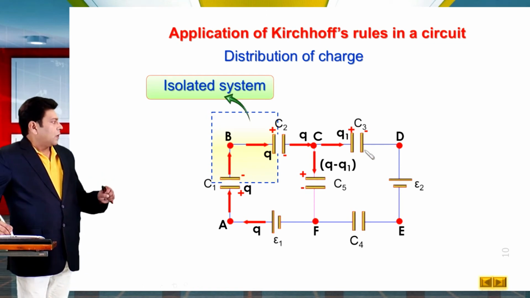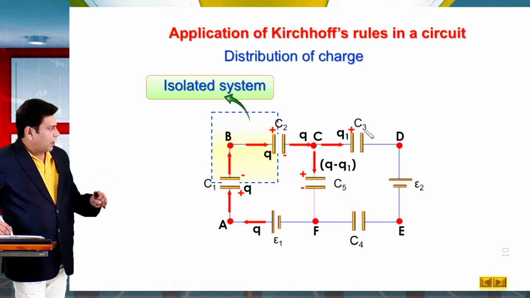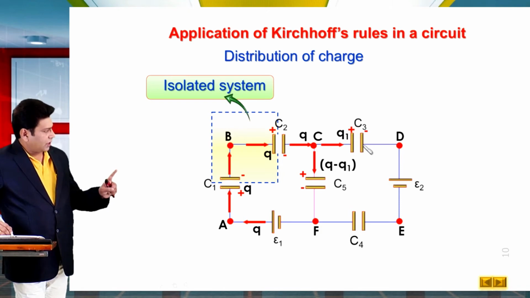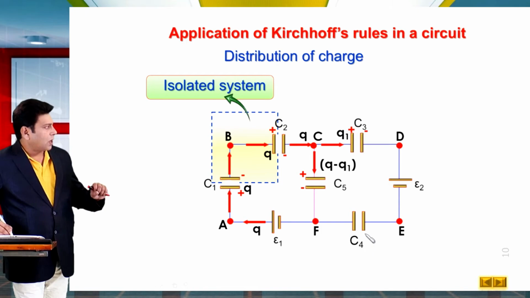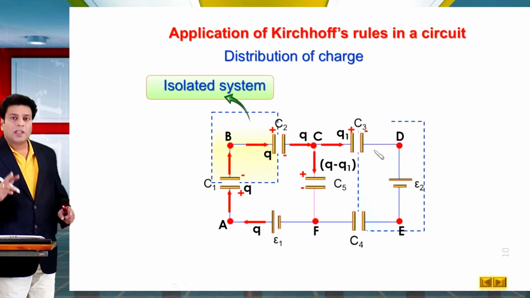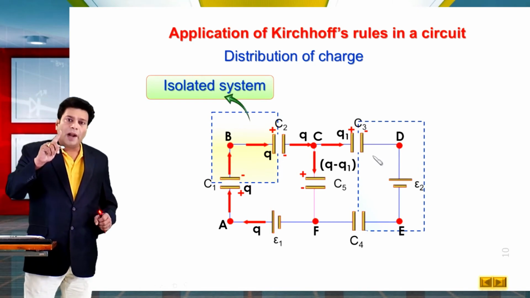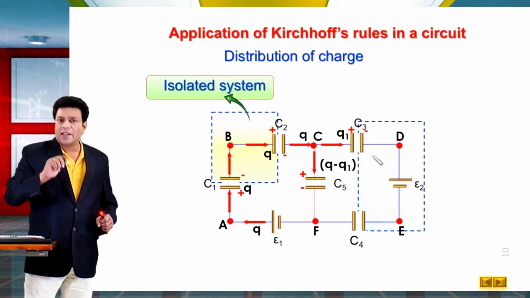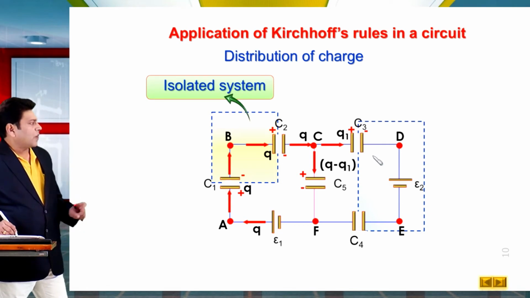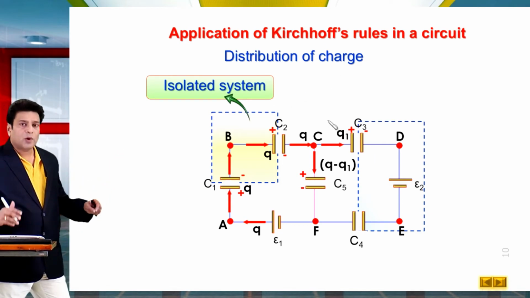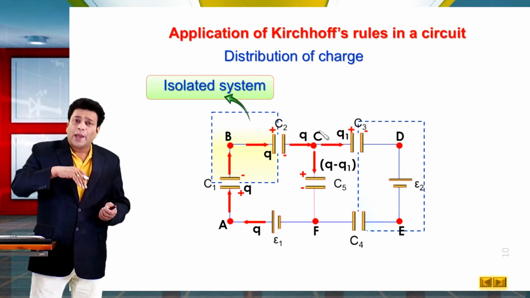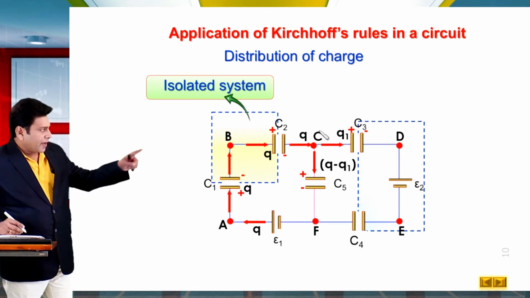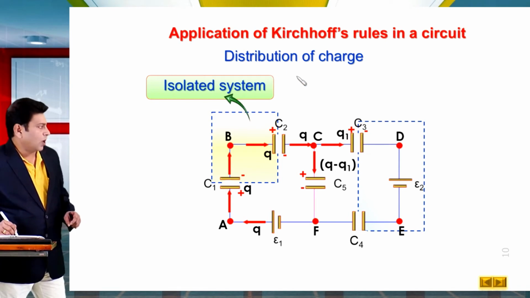Now we can observe the right plate of capacitor C3 and the right plate of capacitor C4 are forming an isolated system. One thing should be remembered: the battery can be included inside the isolated system. That's why we included the E2 battery here, because we know the battery is not the creator of charge, it is just an electrical pump. That's why we have taken this battery inside the isolated system.